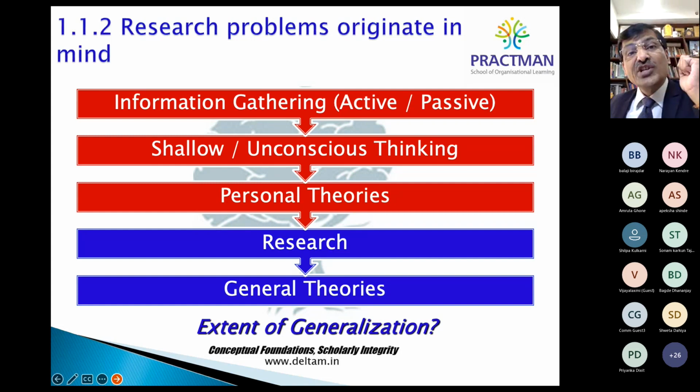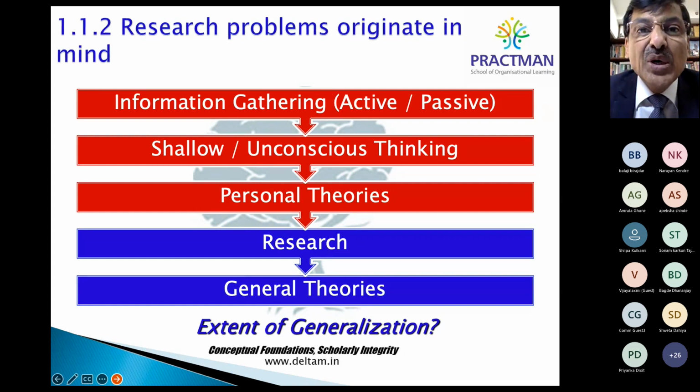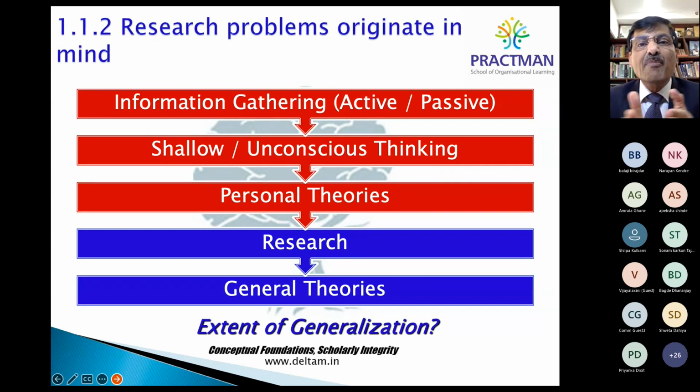How do we judge that? We judge it on the basis of to what extent general statements can be made from this research, to what extent generalization can be done. You will be doing your PhD research in one particular area, maybe one particular sector, one particular geography, at one particular point of time.